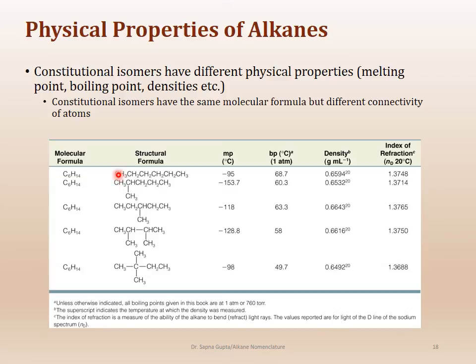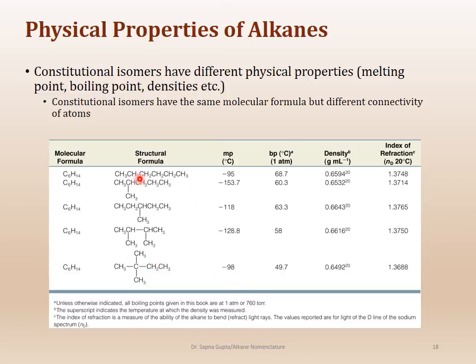The important thing to look at in this table is, first of all, the structural formula, because these are the different constitutional isomers that you can have of C6H14. You start with a long chain, start with 1 branching, the branching moves over, and then you have 2 branches, and then you have a really bulky kind of structure.